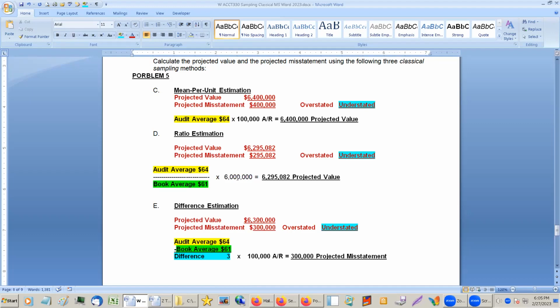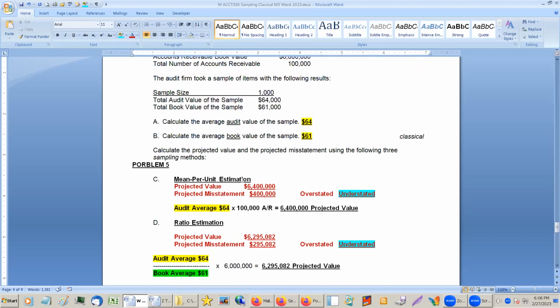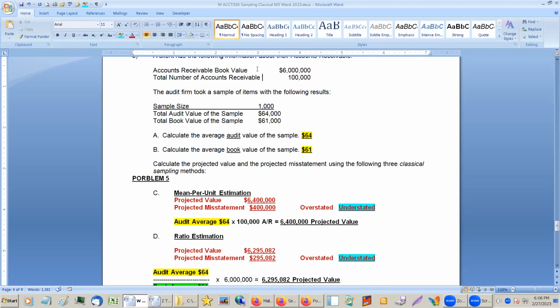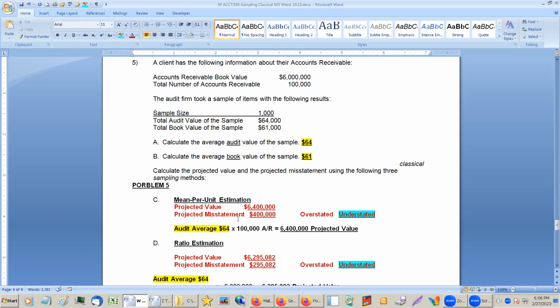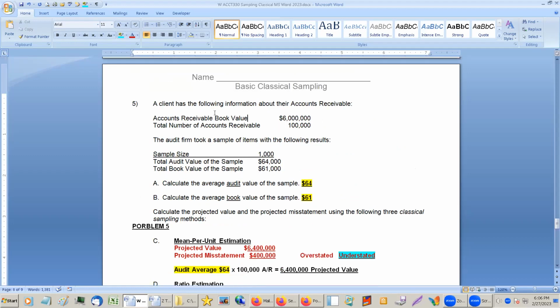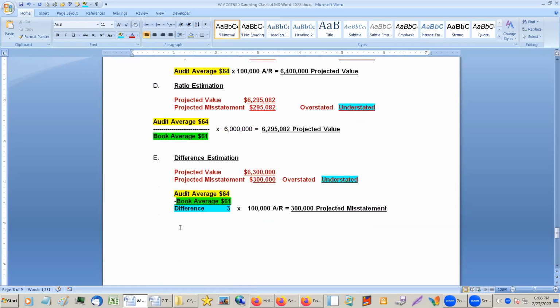A question you may ask yourself is, accounts receivable are assets. Those are good things. Why do they understate them? They may be understating them so they pay less taxes. Down here, how do you put accounts receivable on the books?